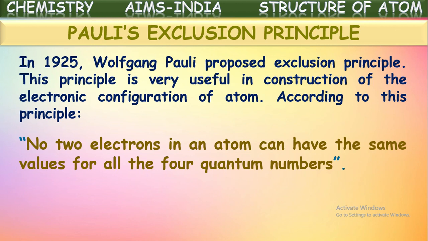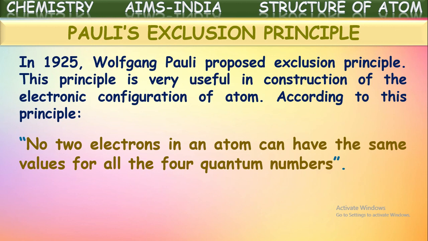Now Pauli's principle guides us on how electrons occupy a particular orbital, how they are oriented, how their spins exist, and how many electrons can be accommodated by an orbital. This information is given by Pauli's exclusion principle. It states that no two electrons in an atom can have the same set of four quantum numbers.